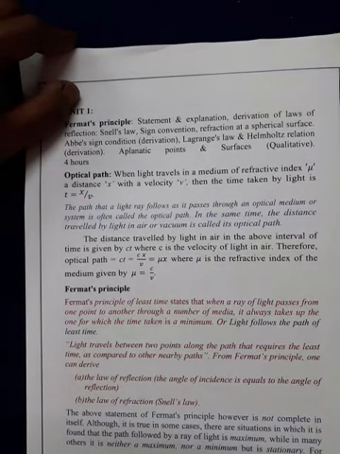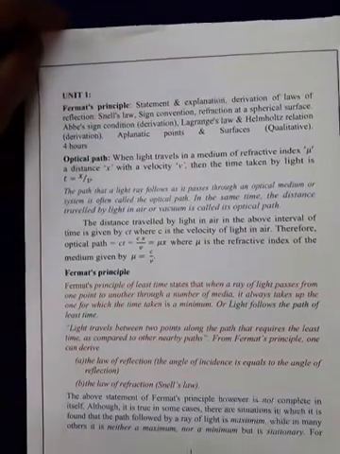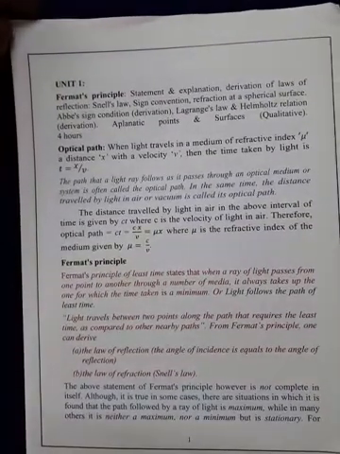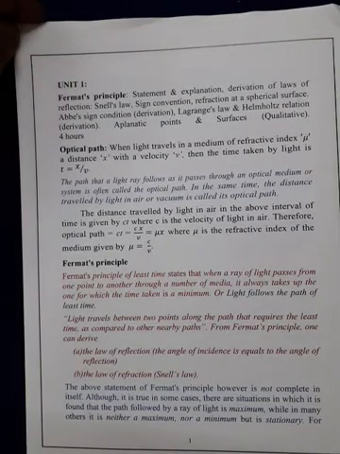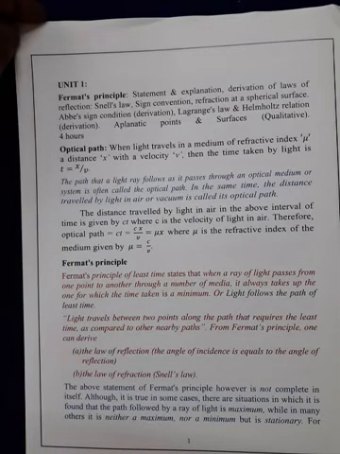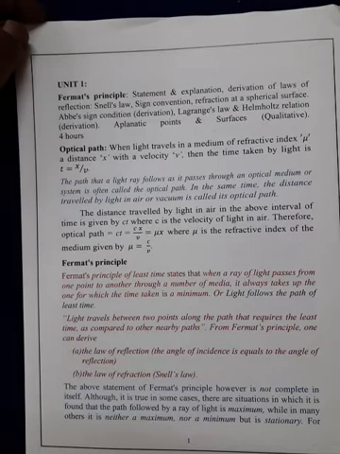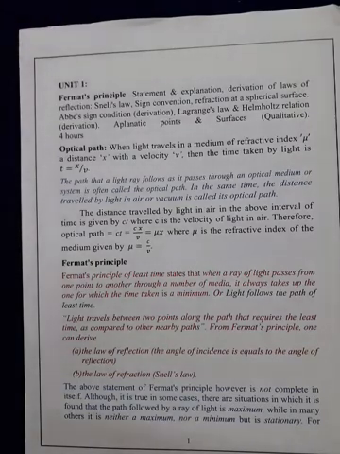The above statement of Fermat's principle, however, is not complete in itself, although it's true in some cases. There are situations in which the path followed by a ray of light is maximum, while in many others it is neither a maximum nor a minimum but stationary.